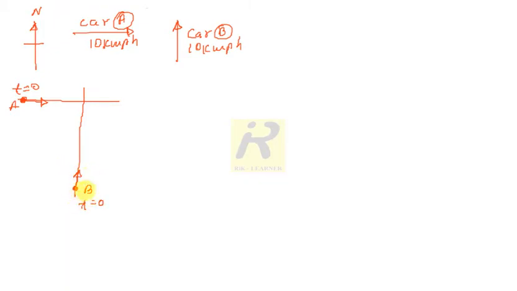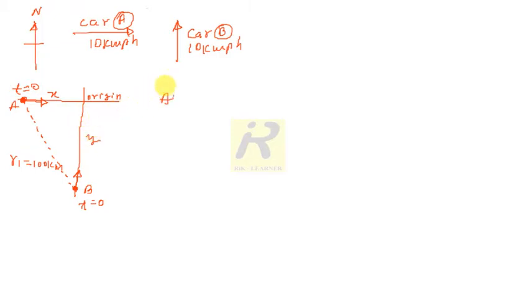Okay, so at t equals 0, the separation they said, 100 kilometer, is this one. So this is R1, I call it, and this is the 100 kilometer separation. I call the distance from the position of A to the origin x, and the position of B to the origin y.